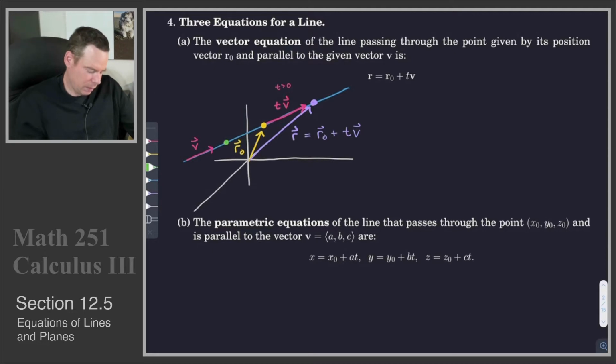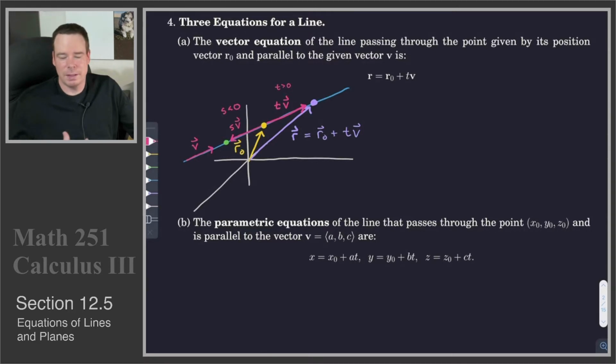Well, I would do the same thing. I'd go out along r0 to get a point on the line. And then what I'd do is I'd just travel along the line in this direction, some multiple of v. In this case, that multiple of v I'm using would be negative because I'm going opposite the direction of v.